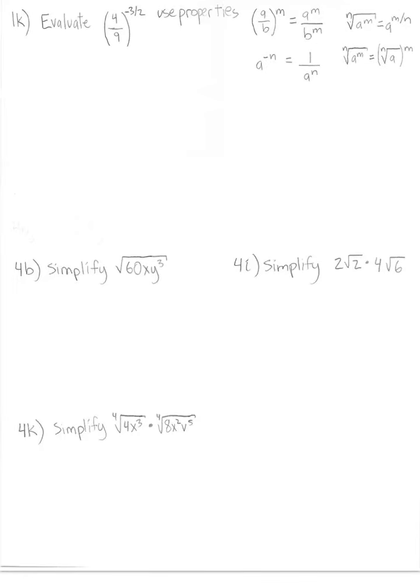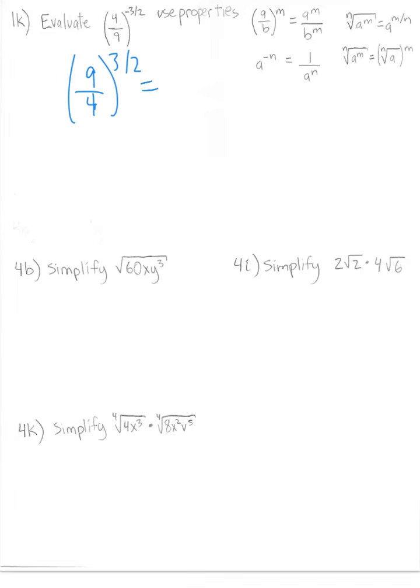In this problem, 4/9 to the negative 3/2 power, the first thing I'm going to do is apply the negative exponent, and that has the effect of flipping our fraction. So the first thing I would do is make it 9/4 to the positive 3/2 power. 9/4 doesn't simplify, so I'm going to use this property right here to raise that power to the numerator and the denominator.